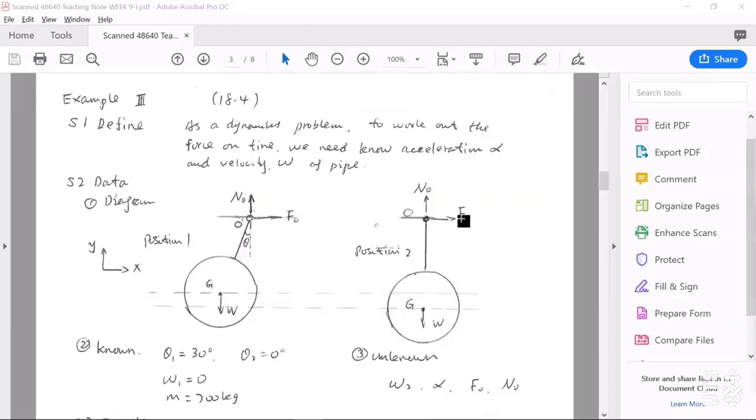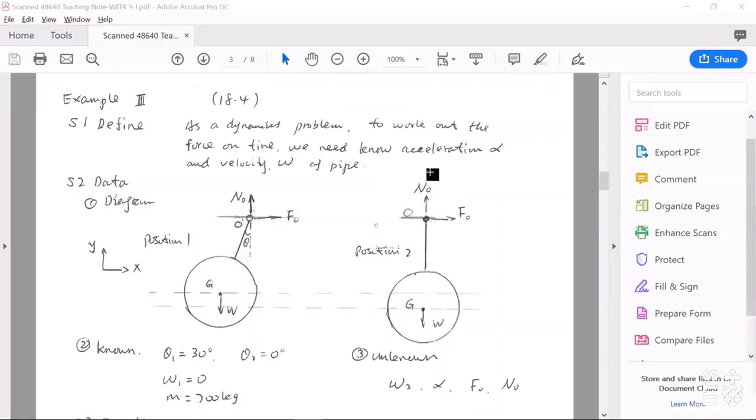This problem looks similar to the problem we solved before when we studied the kinetic equation of motion. We can focus on this instant.